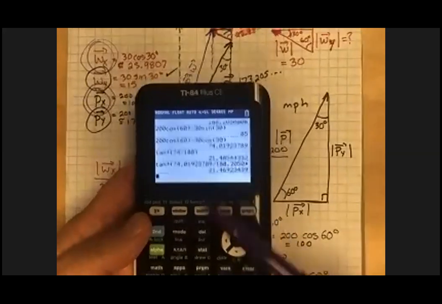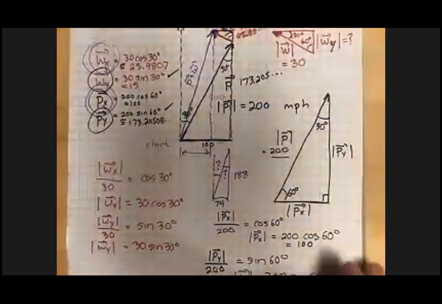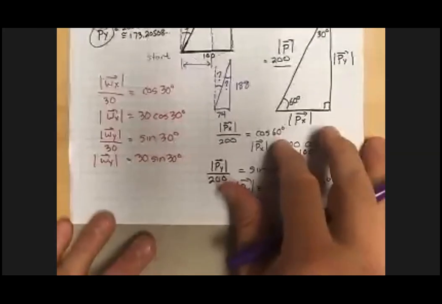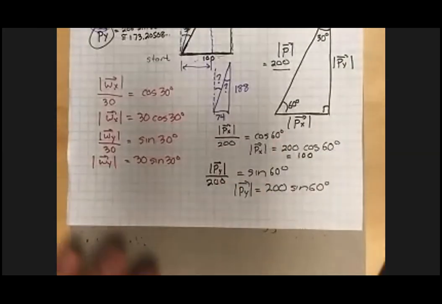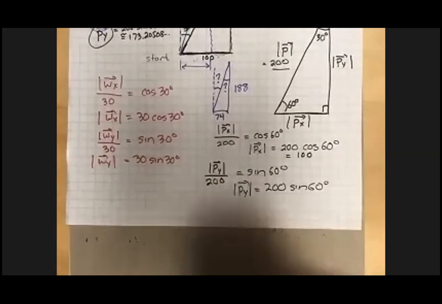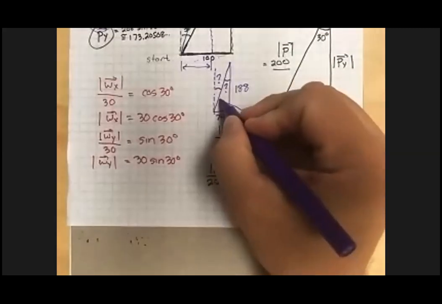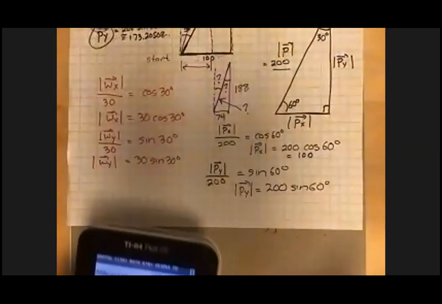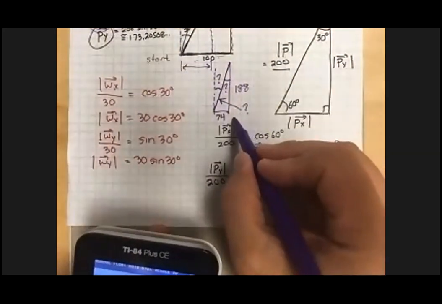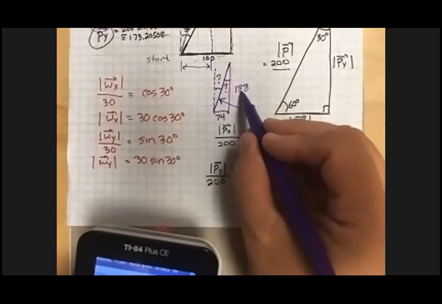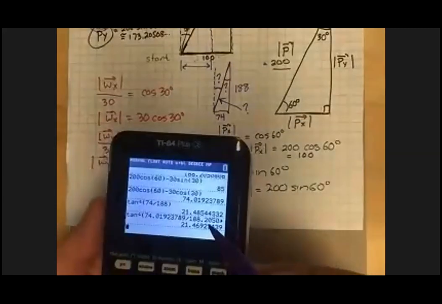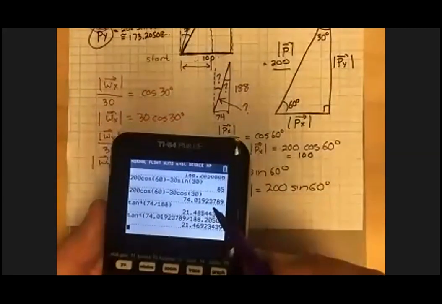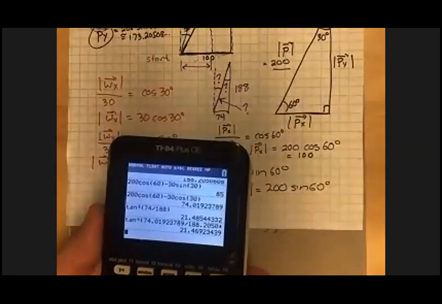Okay, so now I'm ready to give the final answer to the problem. Oh, wait a minute, I got to do one more thing. What's the magnitude of the speed? What is the length of that hypotenuse right there? Again, I'm going to use the Pythagorean theorem, but I'm going to take the square root of these crazy long numbers, 74 and 188.